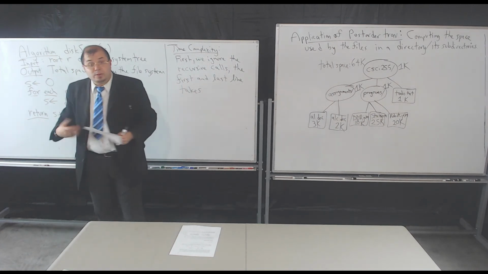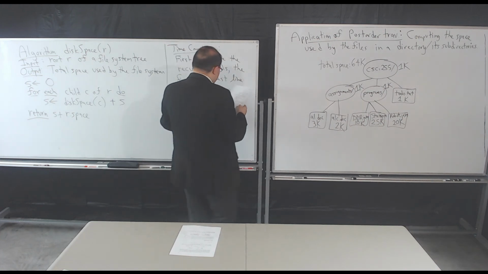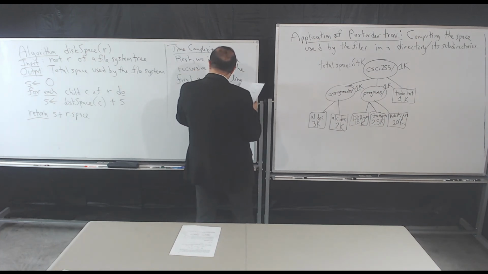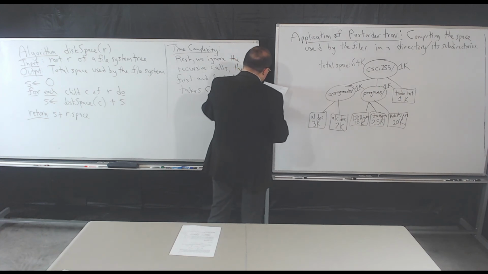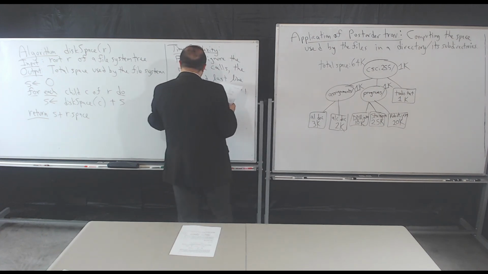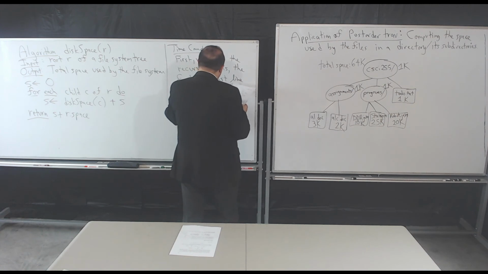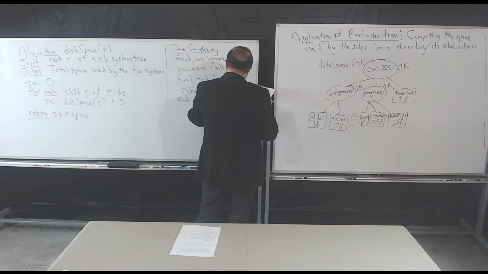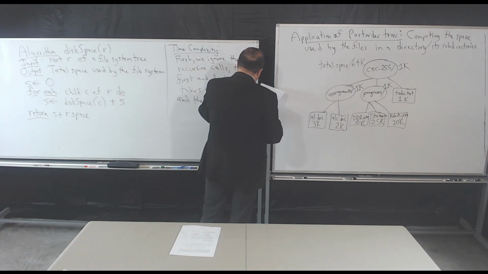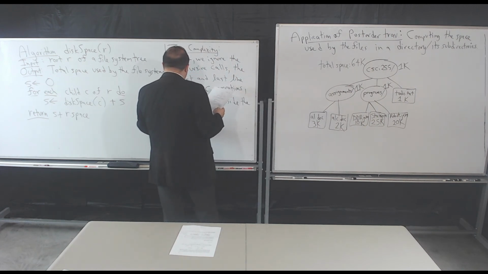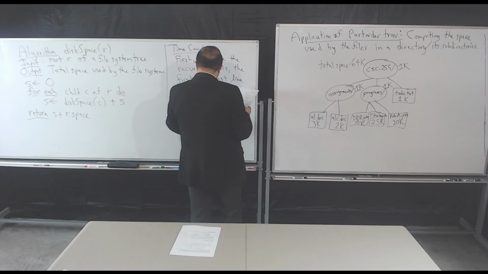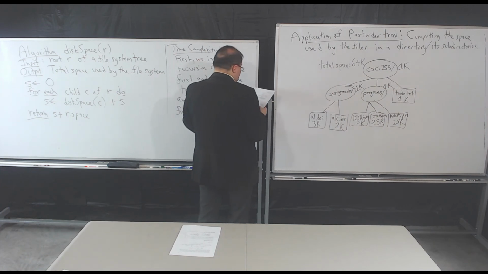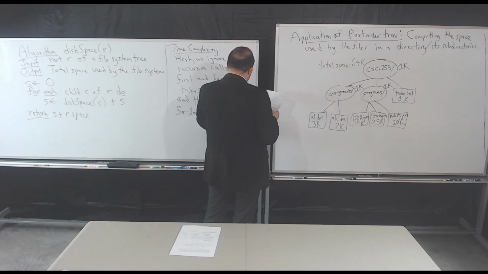Assuming the space is going to be computed in constant time, it's going to take some constant operations. It takes C1 operations. And the line inside the for loop takes C2 operations.